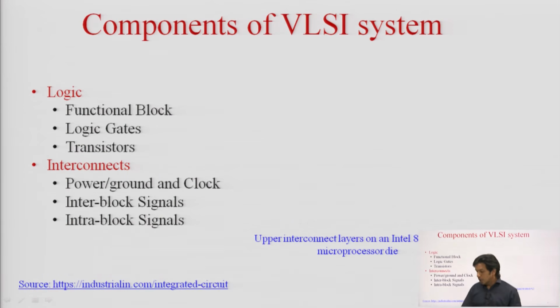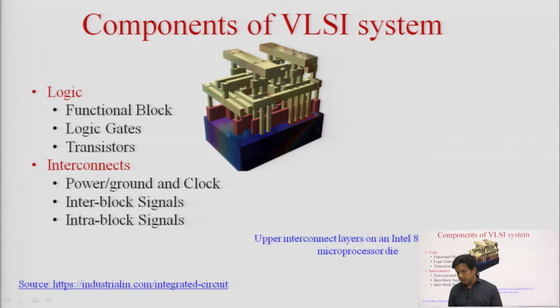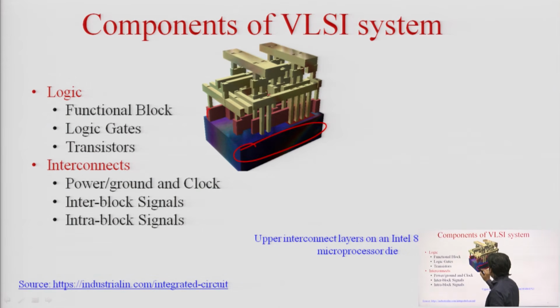So, I will show you a kind of pictorial representation of the device and the interconnect. You can see that here this is the substrate, and here we have different transistors where these interconnects are placed. Okay. So, different levels of interconnects are there.